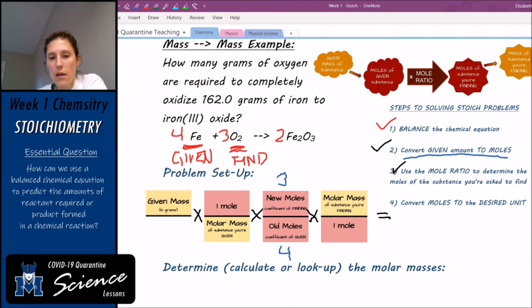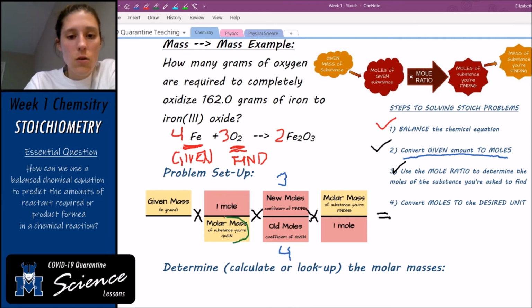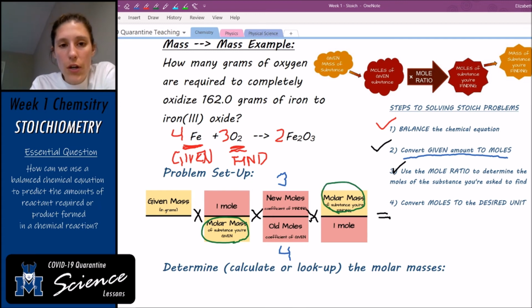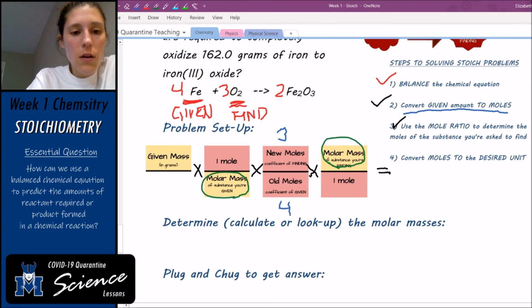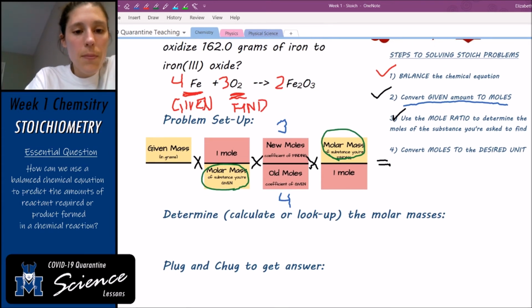And then what you notice in this problem is that you actually have two things that you don't quite know yet. So you have these molar masses that you need. Okay, so you need the molar mass of what you're given. So our given, if we go back up to the equation, our given was the iron. Okay, so we're going to need the molar mass of iron.